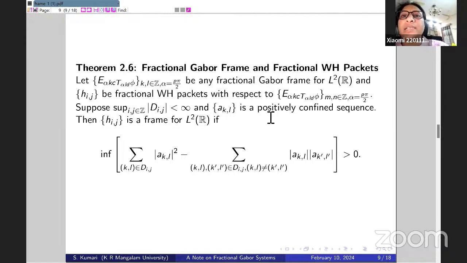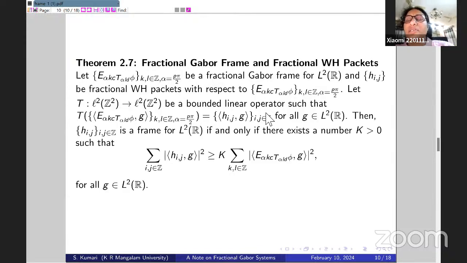Then H_ij is a frame for L2(R) if the infimum of the summation of |a_{KL}|^2 minus the summation of |a_{KL}| times |a_{K'L'}| is greater than 0. So if this infimum is positive, then this fractional Gabor frame and fractional WH packet system is a frame. Yes, so next slide, please.